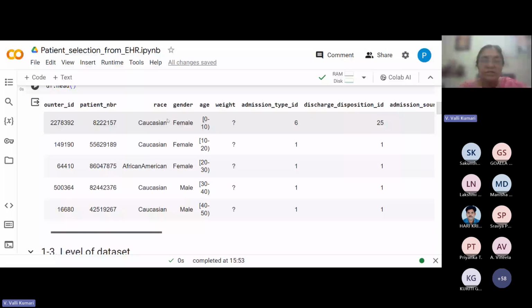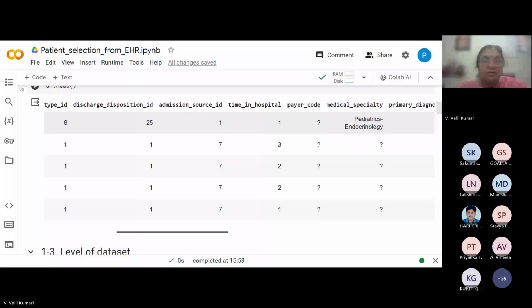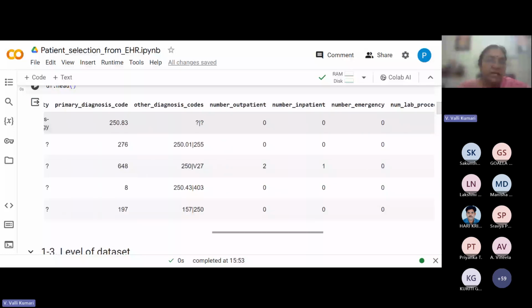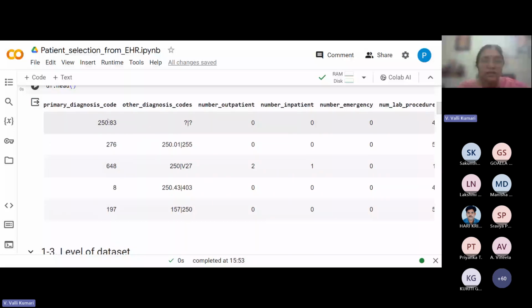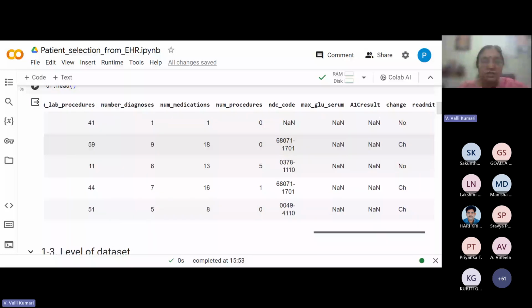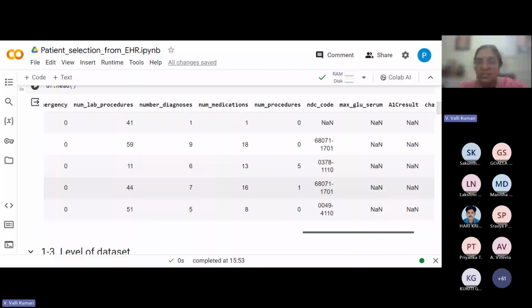You can see a lot of stuff. So some diagnosis codes I've shown you, like COVID code and diabetes code. Other diagnosis codes mean there are multiple issues. Okay, and then how many times he came in as an inpatient, how many visits as an outpatient, number of medications, how many procedures were carried out on him, and some stuff. Some NDC code, this is the drug code, which was administered, what medications were given to him.